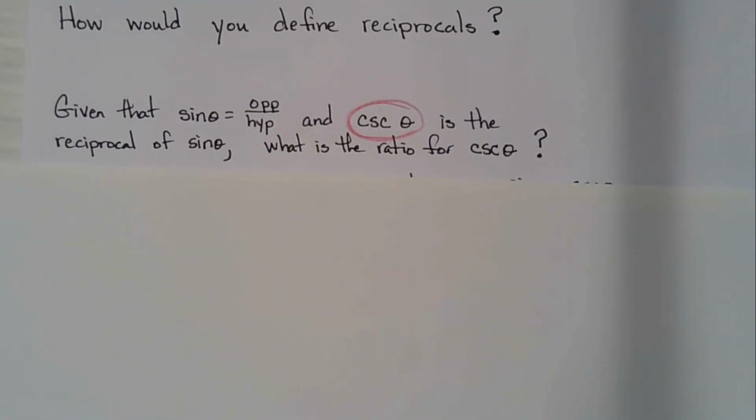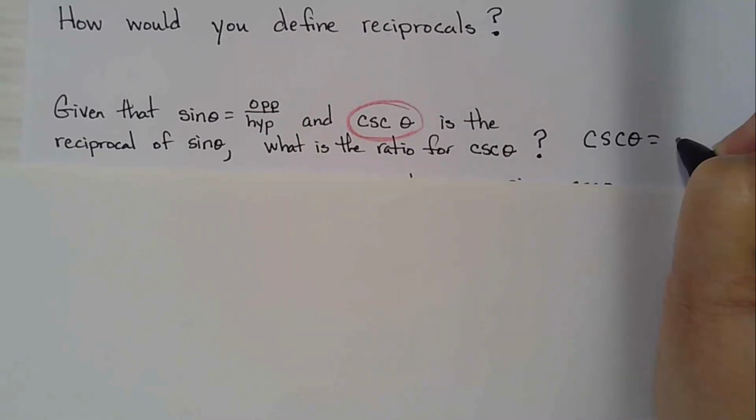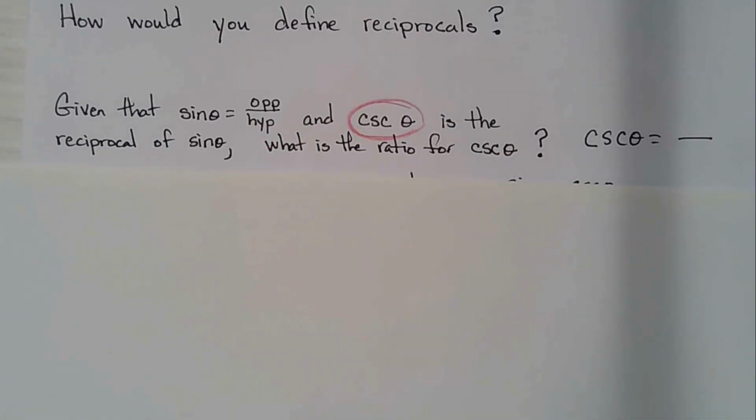You never heard of it before, I bet. And I tell you that it's the reciprocal of sine theta. Then what would its ratio be? That's what I'm asking you.